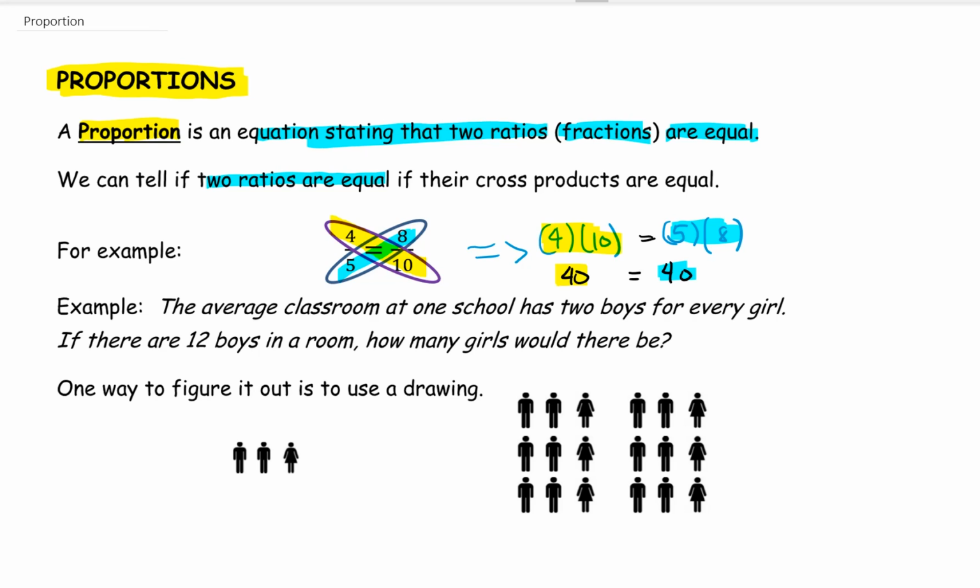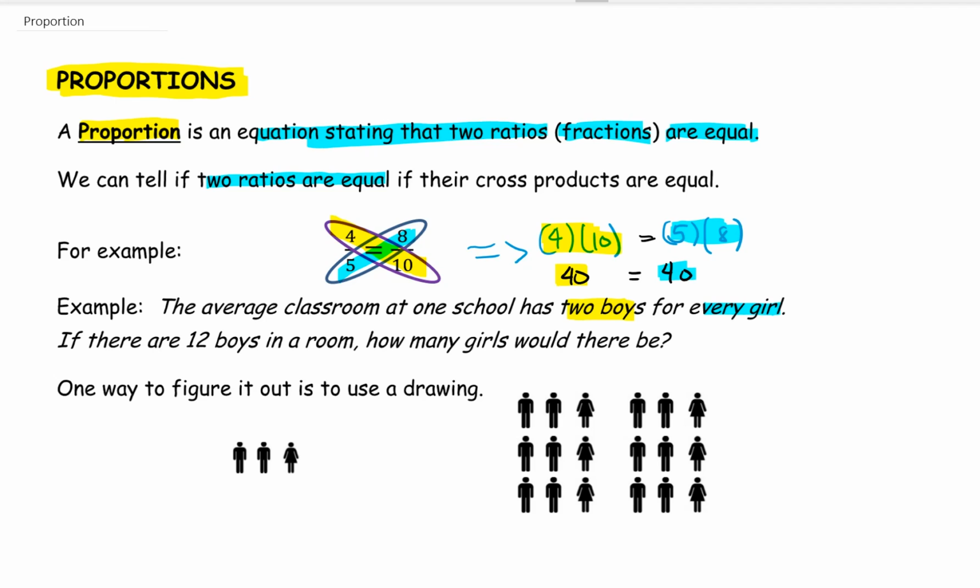The average classroom at one school has two boys for every girl. So if you can see here, talking about two boys for every girl. If there are 12 boys in a room, how many girls would be there?